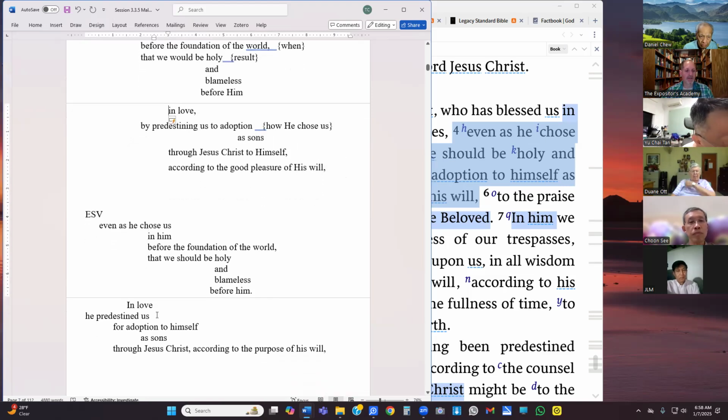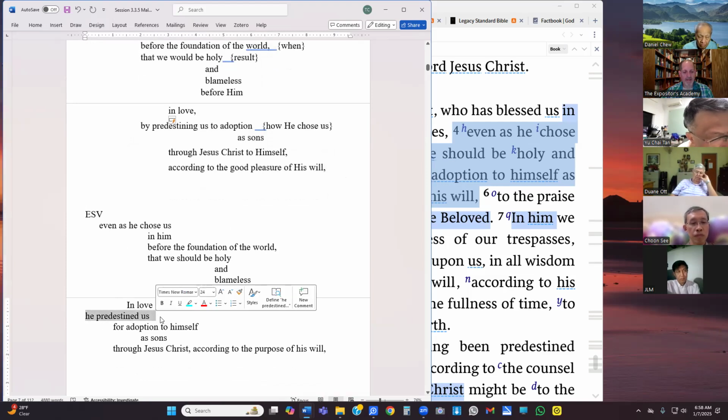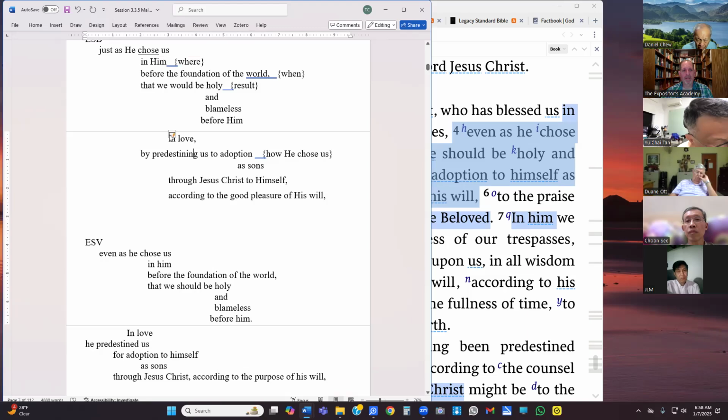But in the ESV translation, he predestined us is now a new statement, because they translated it as an independent clause rather than following the participle, which is what it is in the original Greek. Participles, by the way, are not independent. They don't form independent clauses. They're a phrase. You guys following me? Yep.